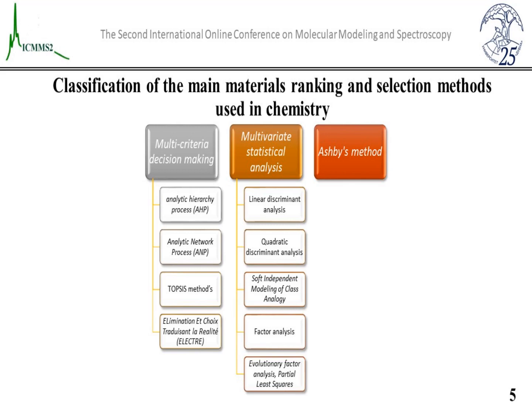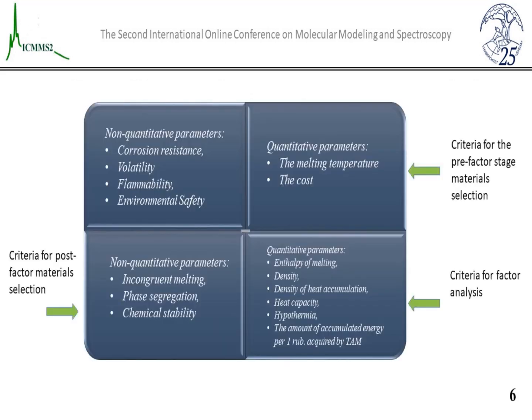Multivariate data analysis methods are factor analysis, linear and quadratic discriminant analysis, SIMCA, PLS, and Ashby methods. Factor analysis was selected for materials ranking as the most common and available method. It is present in a large number of software packages.